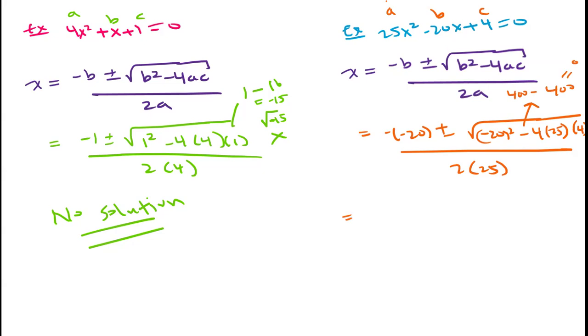So here, this is a minus 20, so that'll be a plus 20, plus or minus the square root of 0, divided by 50. The plus 20 will just be 20, and the square root of 0 is 0, so plus or minus 0 is still going to be 20. So we have 20 over 50, which can be reduced to 2/5.